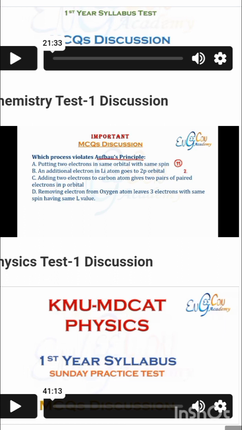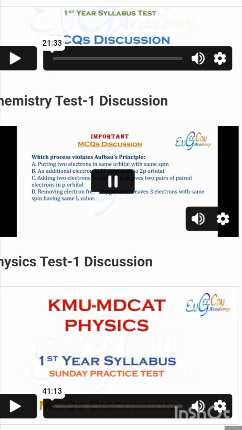So configuration of lithium atom is 2s1 and 2p is empty. So addition of electron, the next electron would go to 2s to make it complete. So if electron is added to 2p, this is violating Aufbau principle because as a rule electron should be added to 2s first to fill it and then proceed with 2p. So this process violates Aufbau principle.